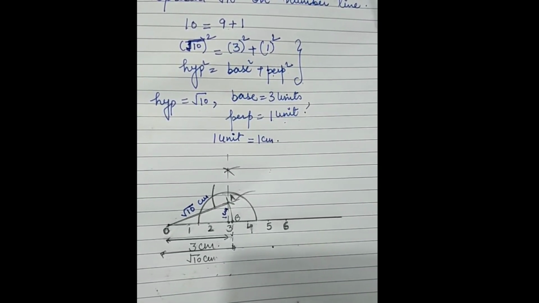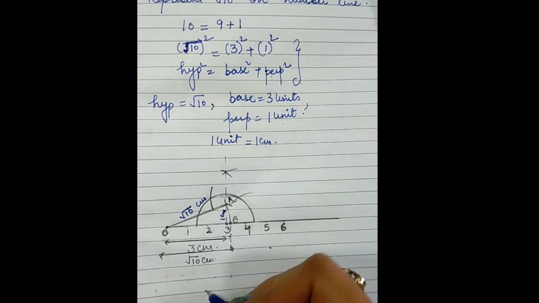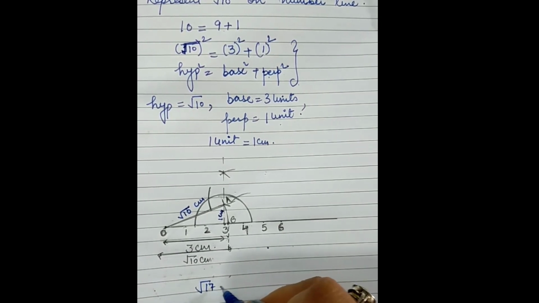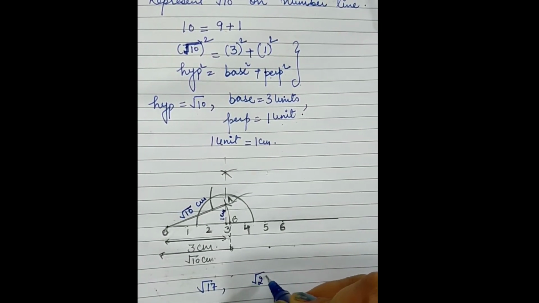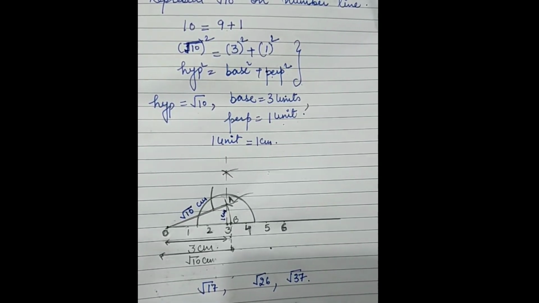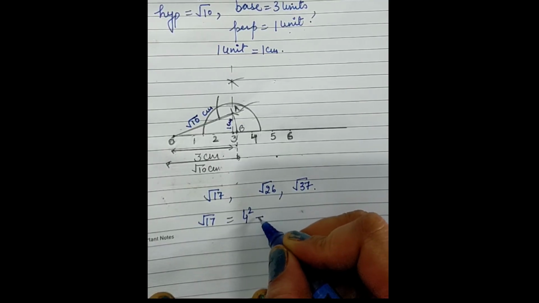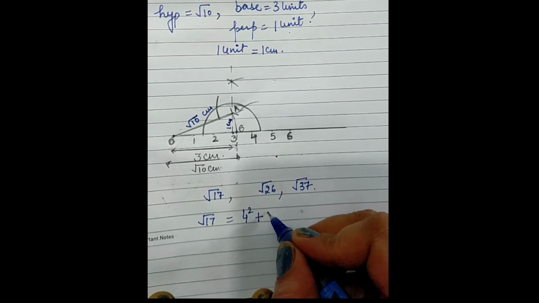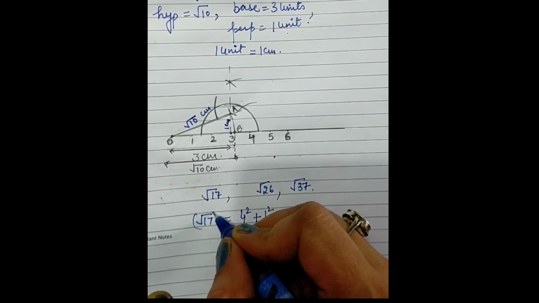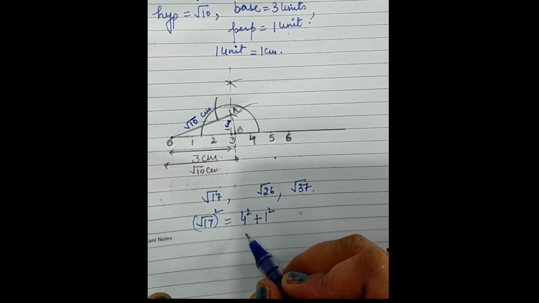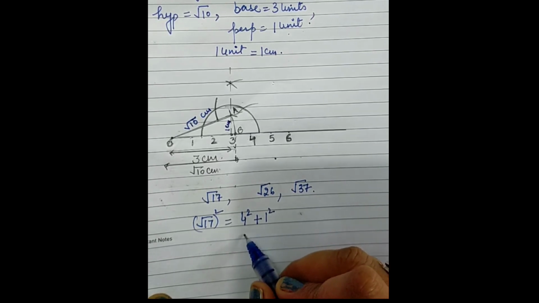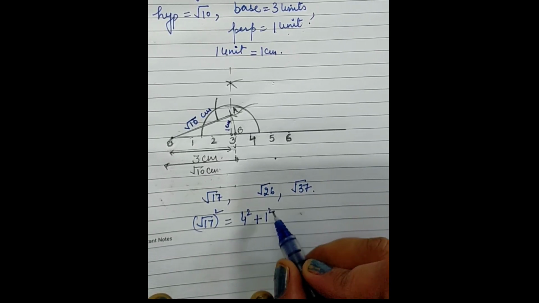Similarly, we can find out the square roots of root 17, root 26, root 37, exactly the way we are doing here in case of root 10 or root 5. In case of root 17, we have to take 4 square plus 1 square, because we know 17 is 16 plus 1 and 16 is the square of 4 and 1 is the square of 1.